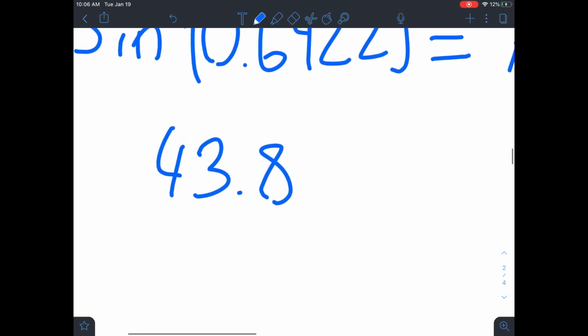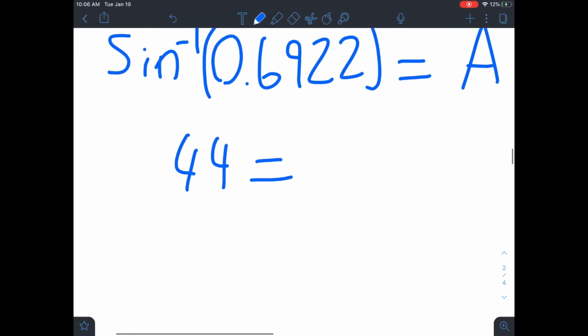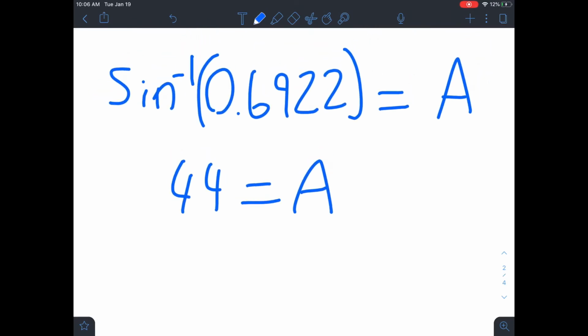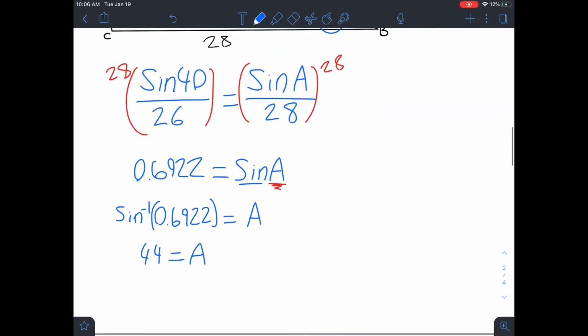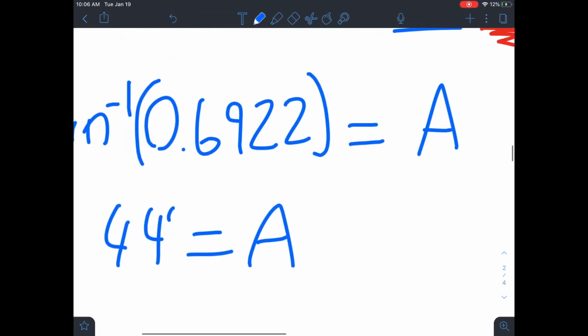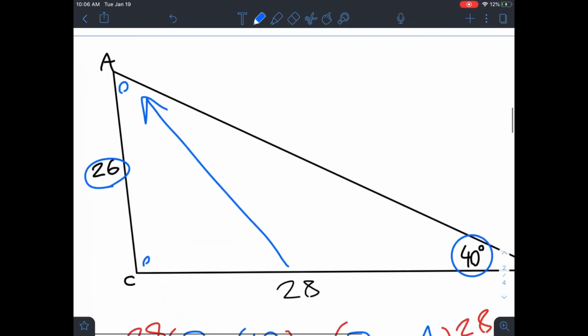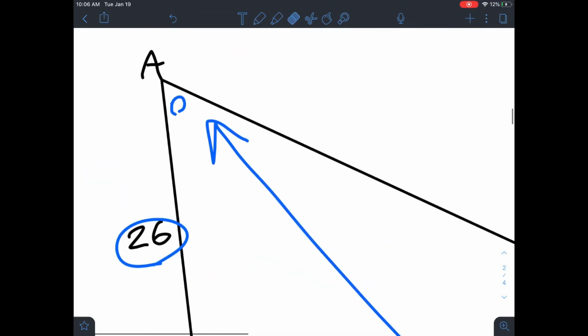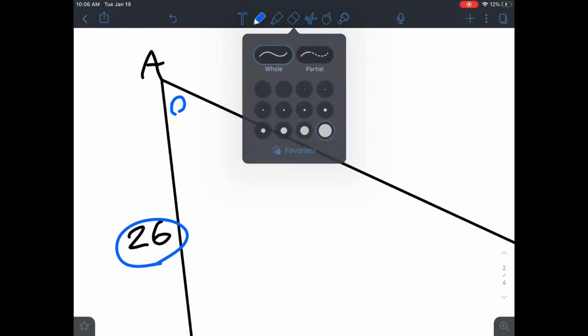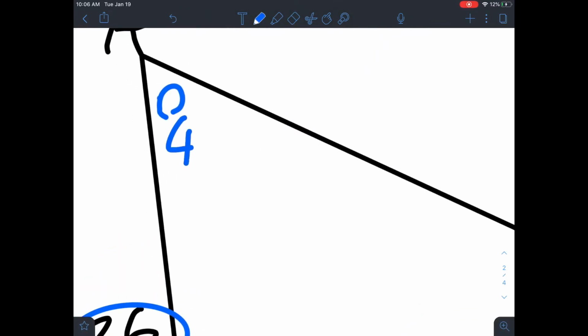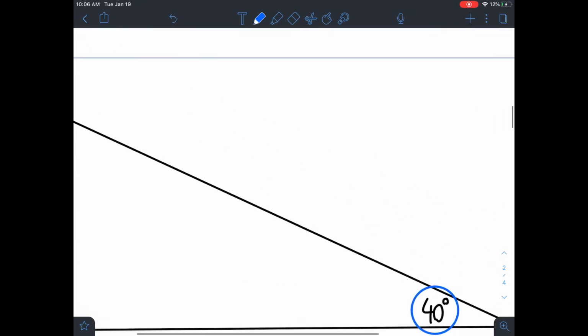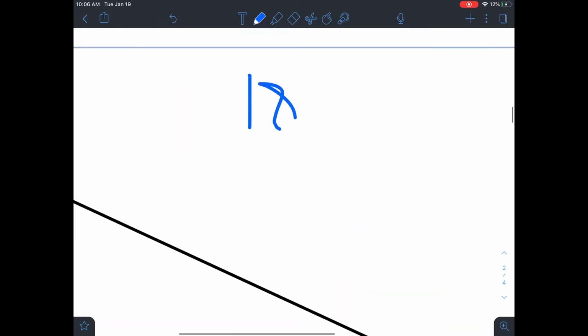And since it's an angle, we're going to have to round this upwards or downwards. It depends on what your number is. So now we know 44 degrees equals A. We have part of our triangle done. But with this 44 and this 40, we can actually find out the final angle.